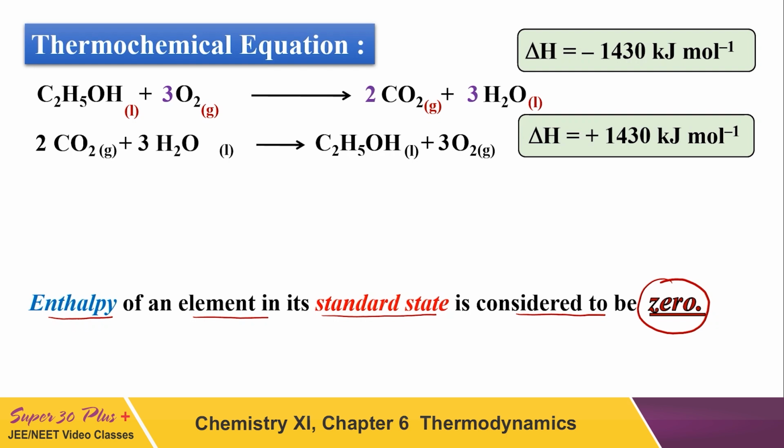So whenever you have any element in the standard state, where standard state means pressure of 1 atm and temperature of 273 Kelvin, its enthalpy will be considered as 0. So standard enthalpy is 0 for any element, not for all. Alright.